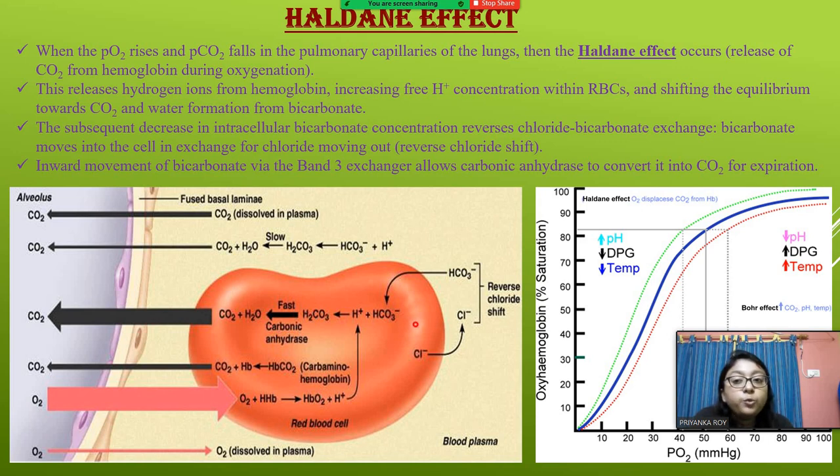Bicarbonate moves into the cell and chloride moves out from the RBCs. This is the reverse chloride shift, and the inward movement of bicarbonate via the band 3 exchanger allows the carbonic anhydrase enzyme to convert it into CO2 for expiration.